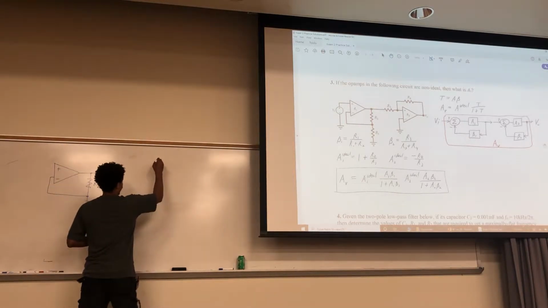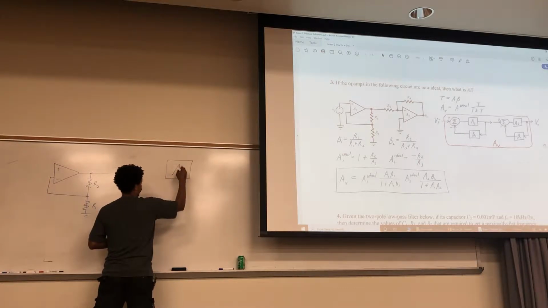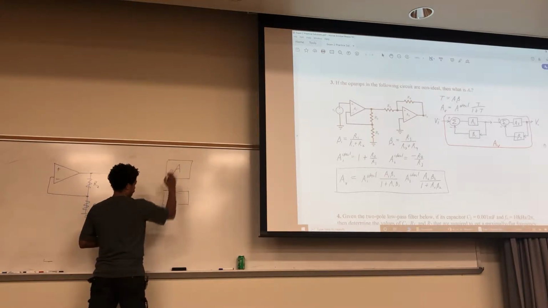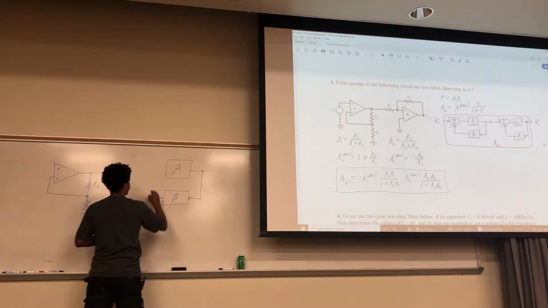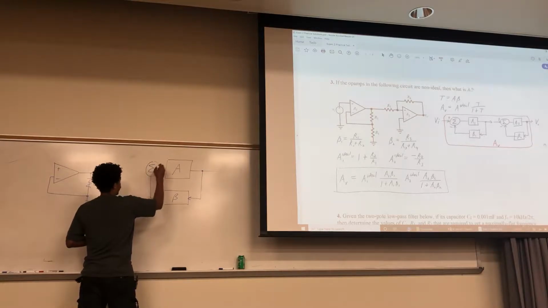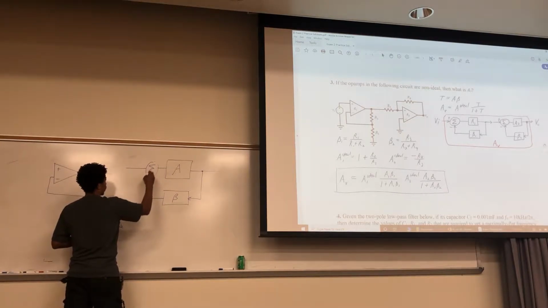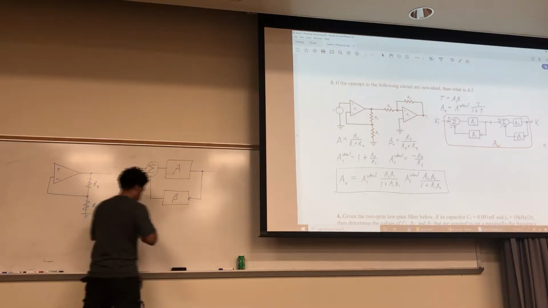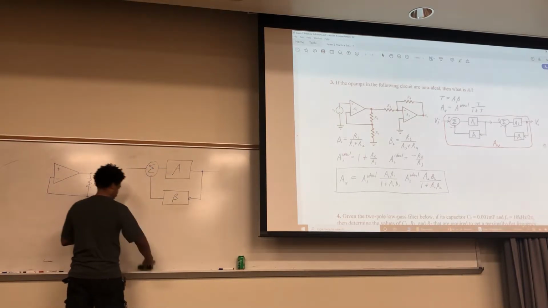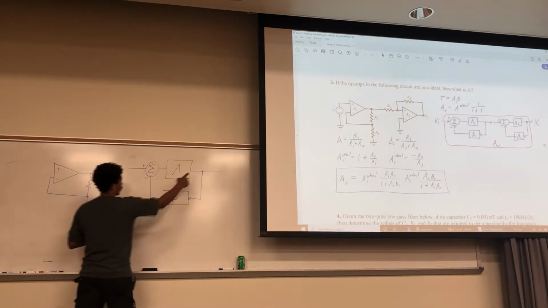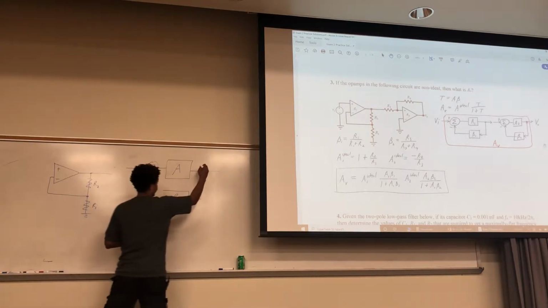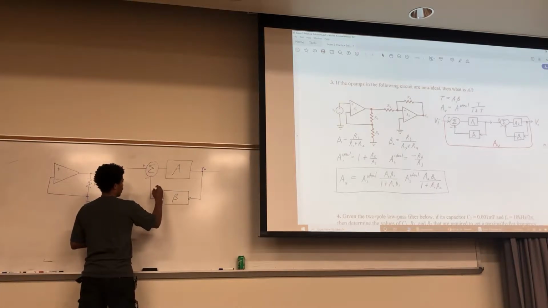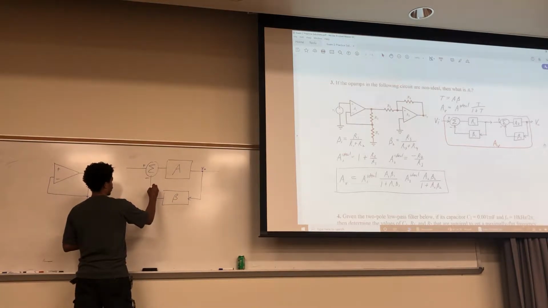Remember how we first were introduced to beta: you have your gain A, your gain beta, and it was negative feedback. Negative feedback meant that part was minus, not plus. So your feedback was minus. Whatever this is, it goes through this. If this is your V out, then what comes out of here is your beta V out, going up in that direction.